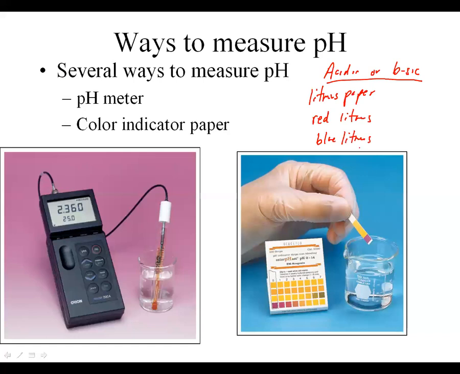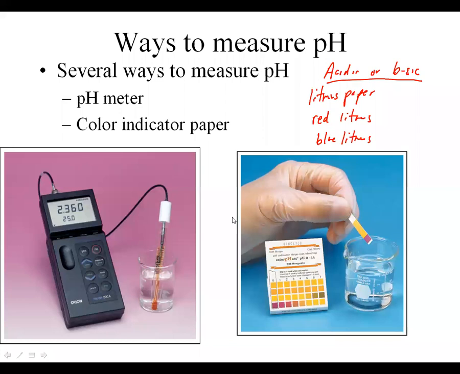There's also neutral, but usually red or blue is used. And you can look for a color change in those papers to indicate whether or not the solution is acidic or basic. Again, it will not tell you what the pH of the solution is, but it will simply generically tell you, oh, this solution is acidic, this solution is basic.